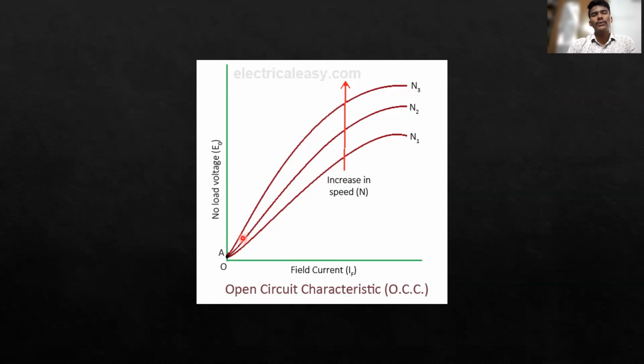You can observe that increasing speed increases the no load voltage and field current. As we gradually increase the field current, the no load voltage also increases, which you can easily observe in the graph. I think you have got clarity on this graph.